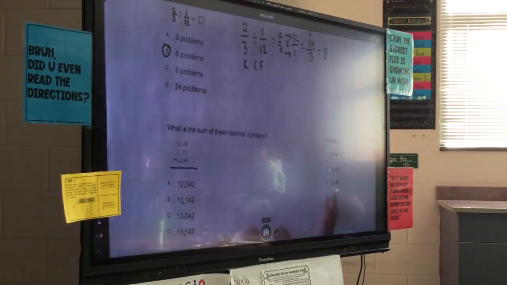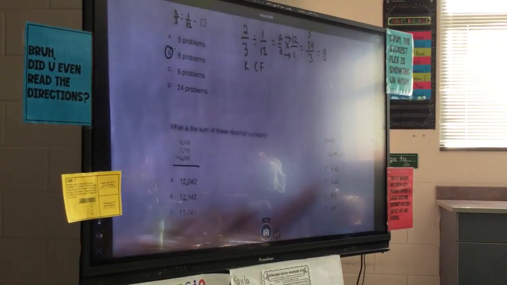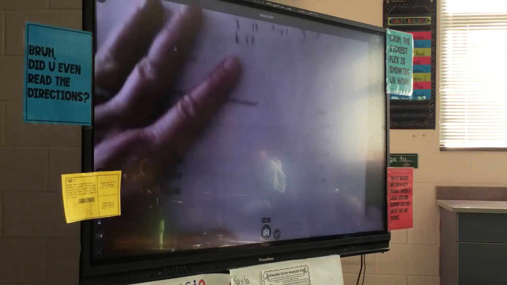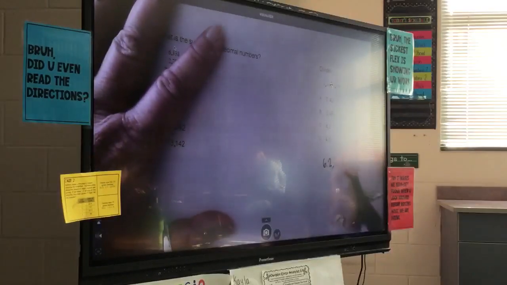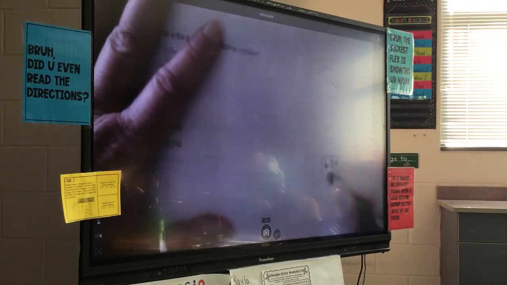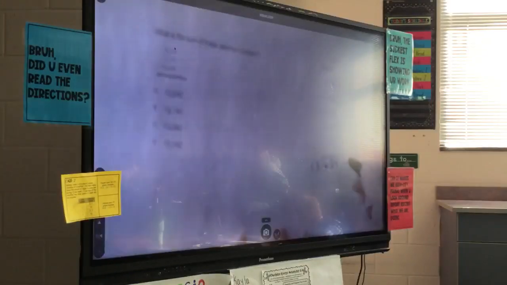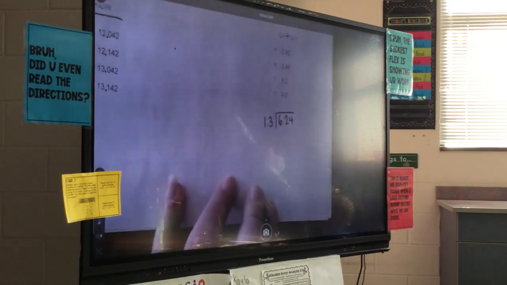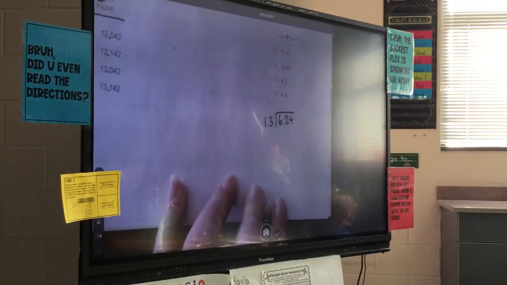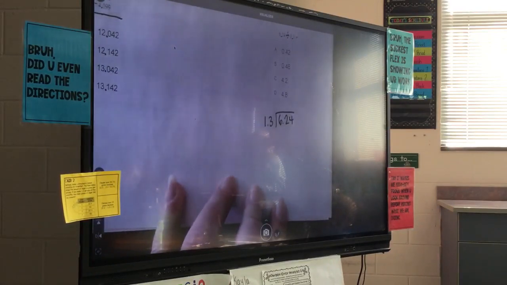We're going to do this one over here, dividing these two. So this is 6 24/100 divided by 1 3/10. What do we do if we have a decimal on the outside?